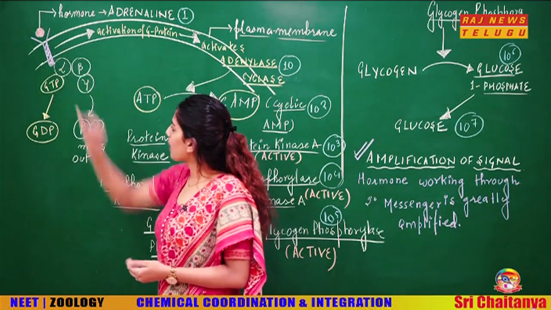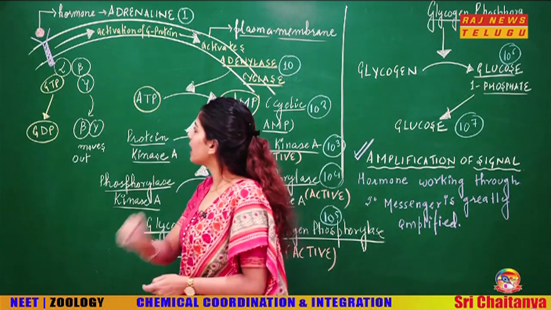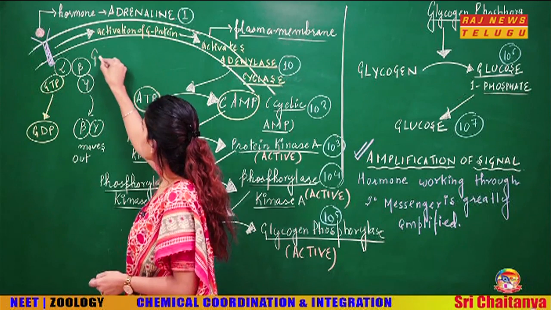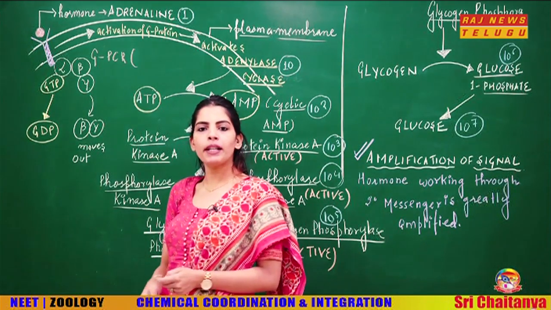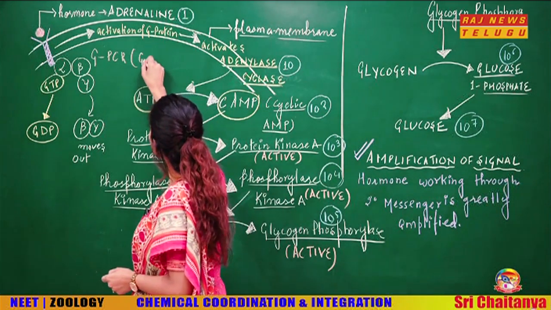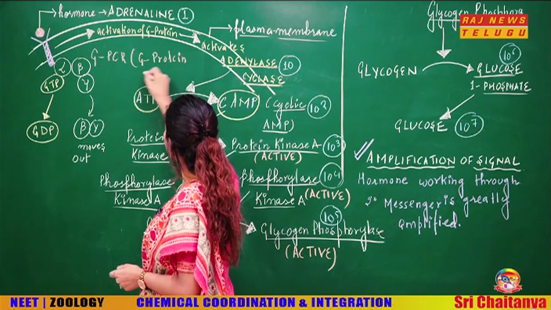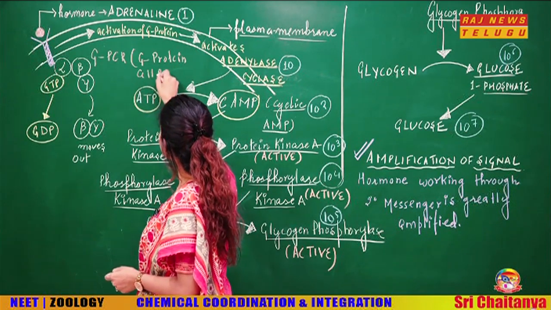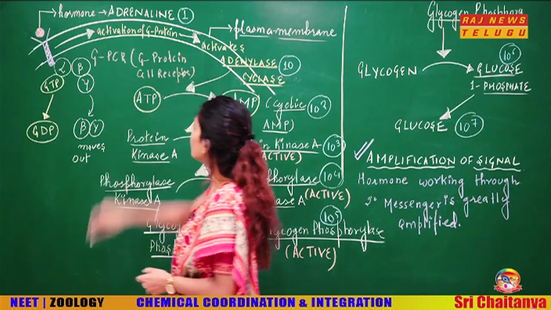Now this receptor, students, has a specific name. This receptor is actually called GPCR. And what do you mean by GPCR? It is the G protein coupled receptor. Do you know why it is called a G protein coupled receptor?